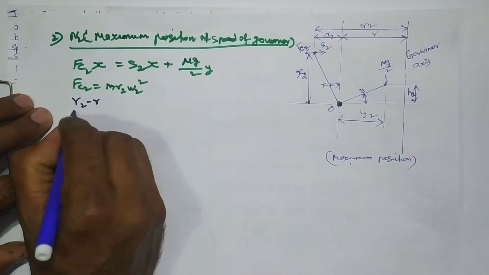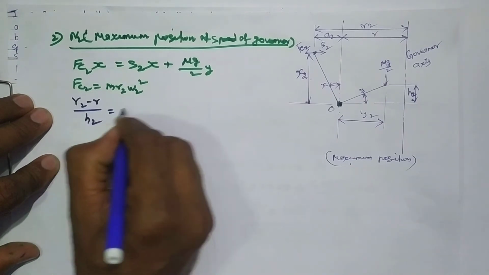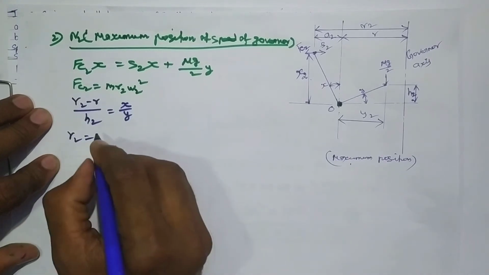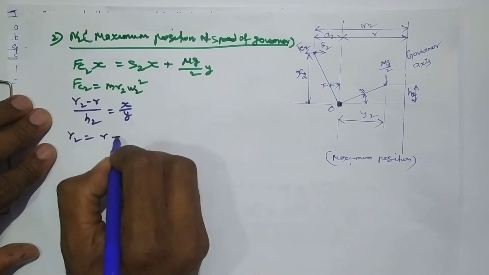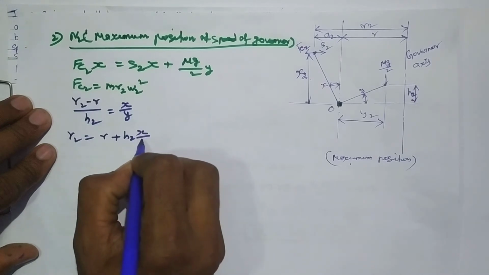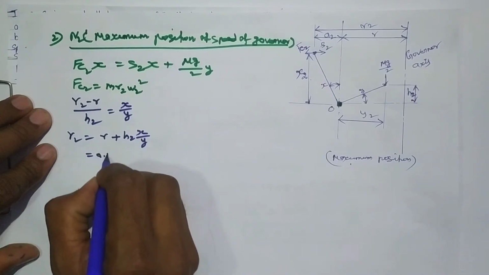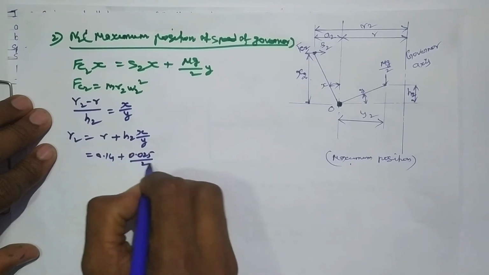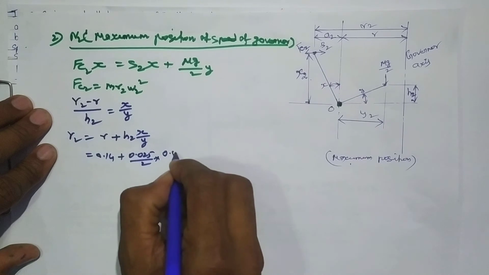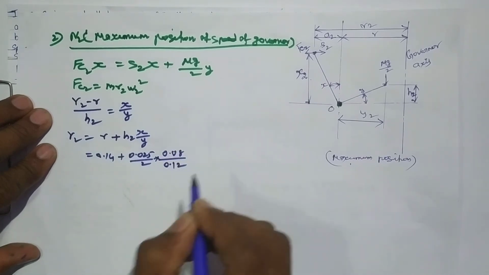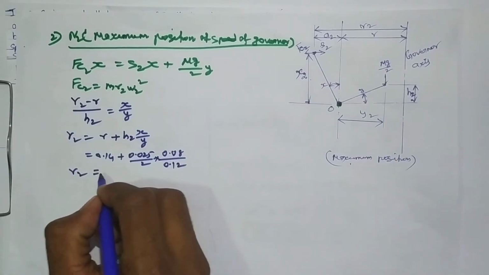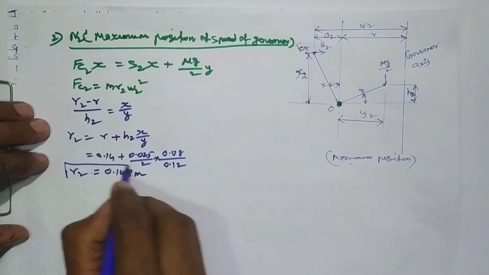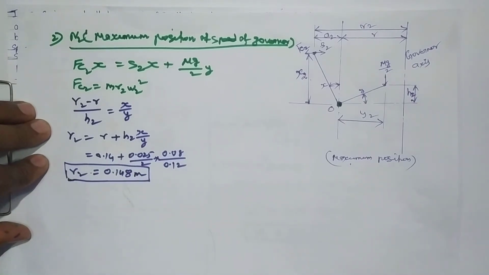So R2 minus R divided by H2 equal to X divided by Y. So from that R2 equal to, you know that R plus H2 into X divided by Y. So you know all the values 0.14 plus H2 value you know that 0.025 divided by 2 and 0.08 divided by 0.12 you are getting. So R2 value, so you are getting that 0.148 meter, that is 148 mm you are getting that, right?